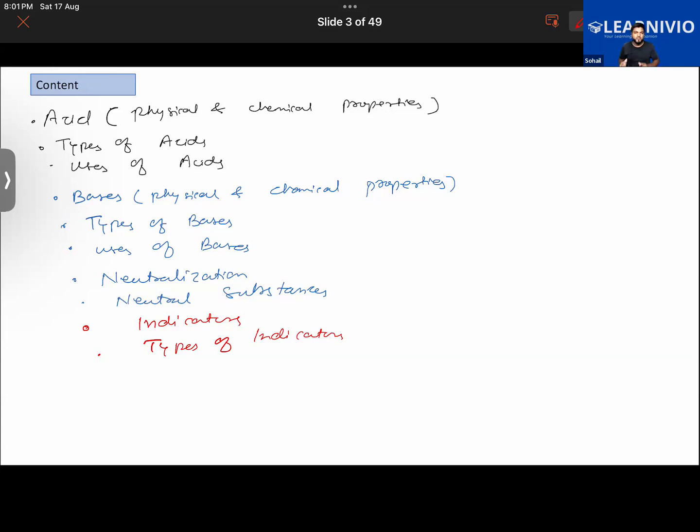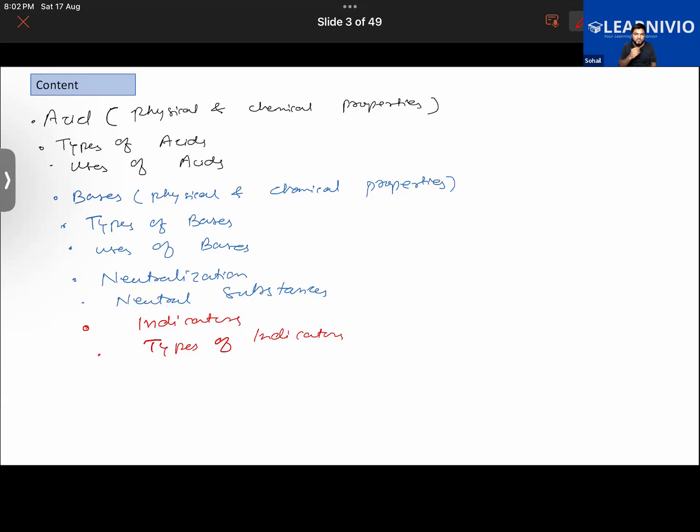We would be learning about the difference between acids and bases. After that, we would be learning about neutralization reaction, and the different examples of neutralization reaction in our daily life.